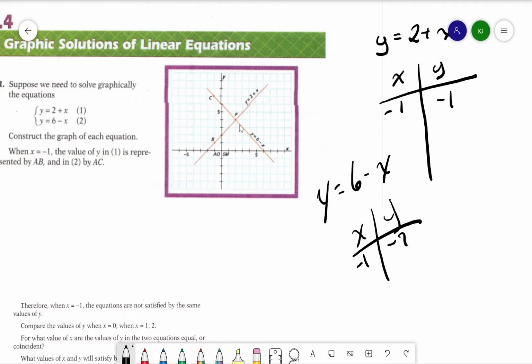So what if x equals 0? Well, 2 plus 0 is going to get us 2, and 6 minus 0 is just going to stay at 6. So that again helps us put plots on here.